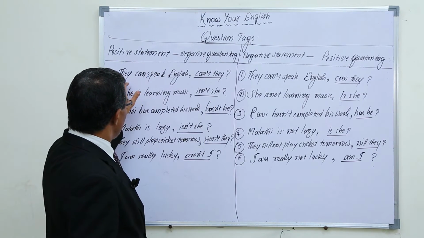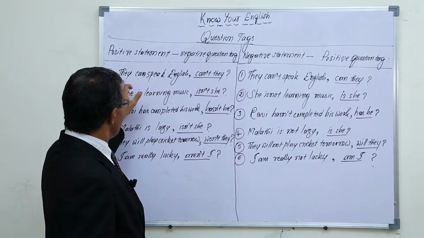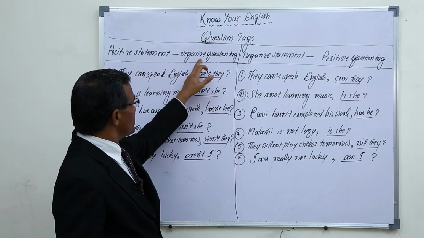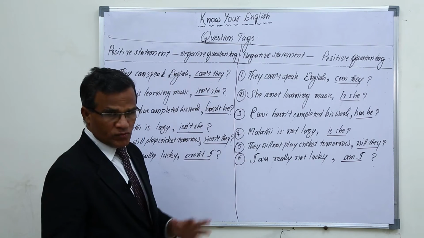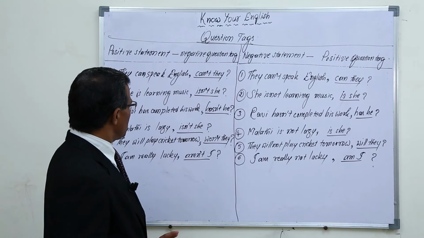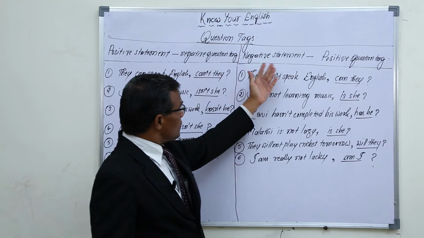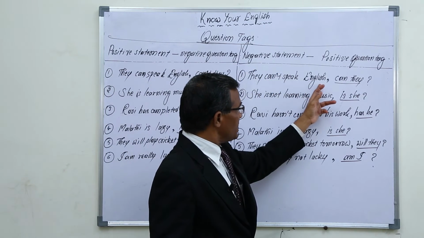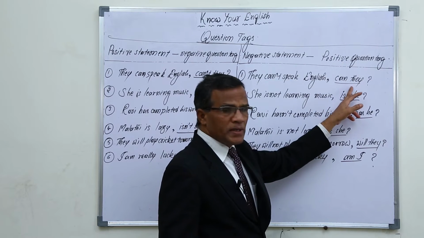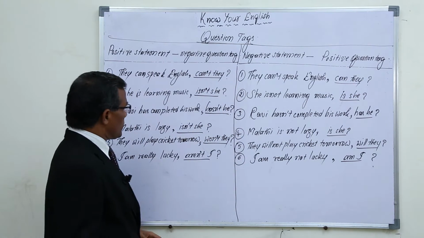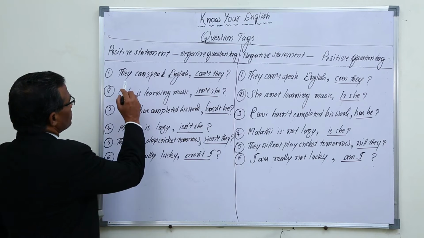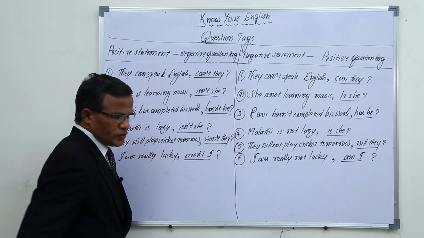When the statement is positive, the question tag must be negative. When the statement is negative, the question tag should be positive. For example, they can speak English.